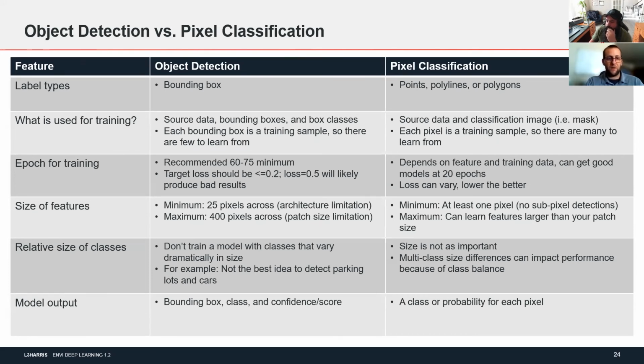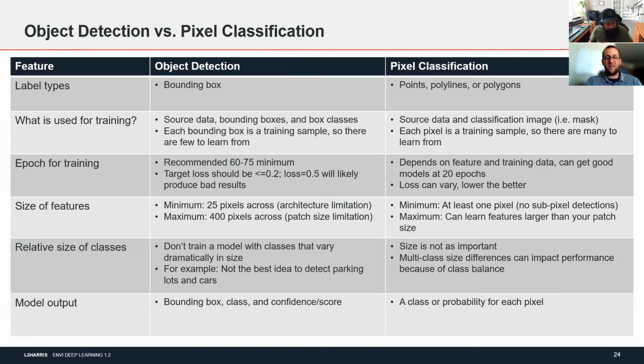So the last thing I want to focus on here is the size of features. With object detection, your minimum size of features, as I've said before, is about 25 pixels across. And then the maximum size is going to be limited by your patch size. So the amount of data that we feed into deep learning at a time is 400 by 400 pixels, which is an upper limit.